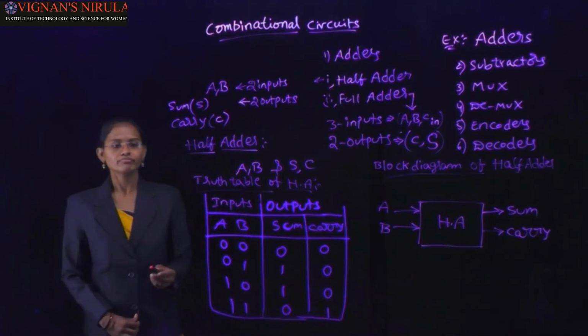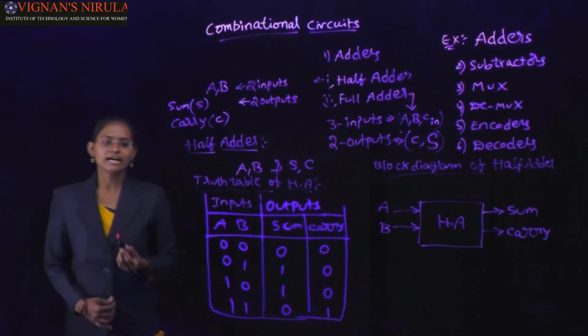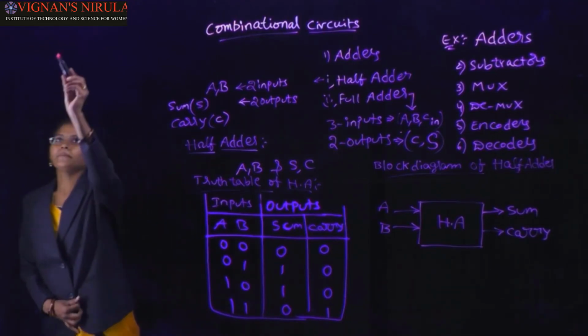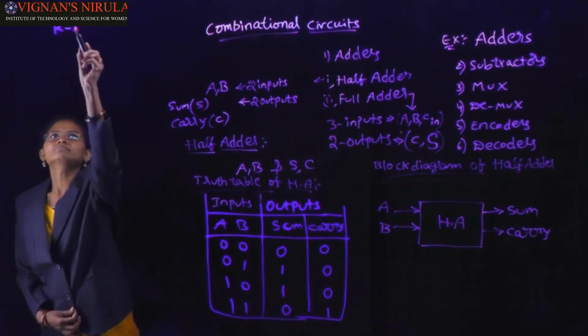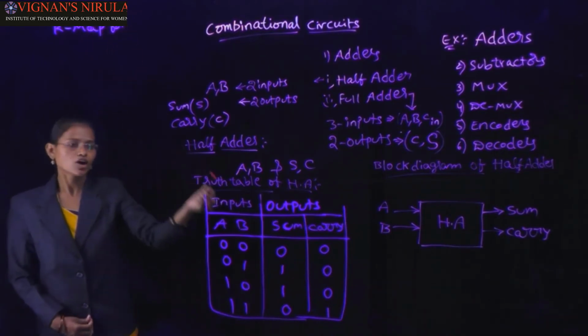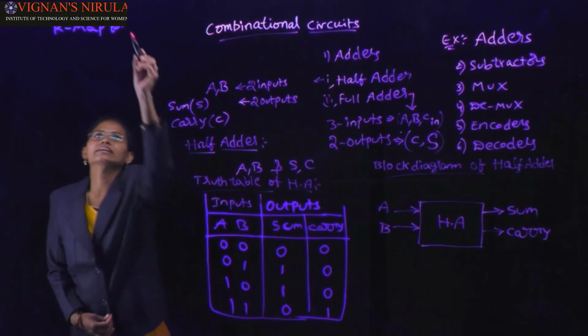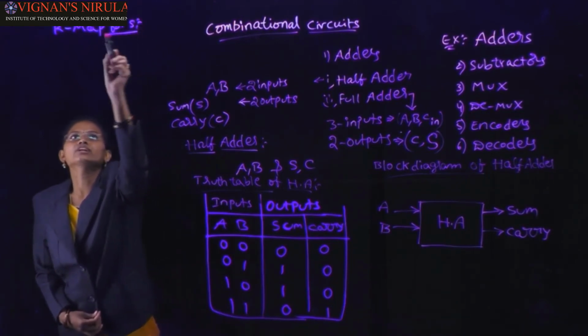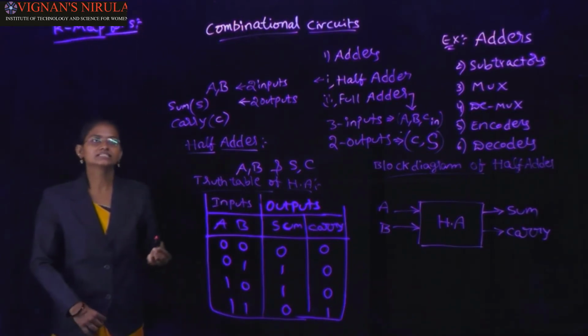Next draw the K map. The K map is for the outputs sum and carry. First we find the K map for S, that is sum.